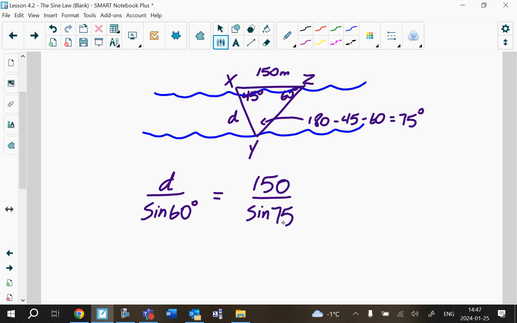Why did you decide to do 150 divided by sine 75 first? Would that be wrong? No, I know what you're doing, and that's fine. That's basically what cross multiplying is. You're just doing it in a slightly different order, but that's fine.